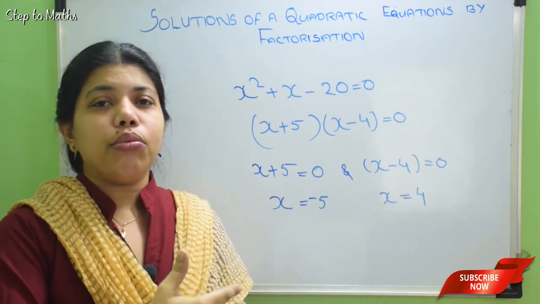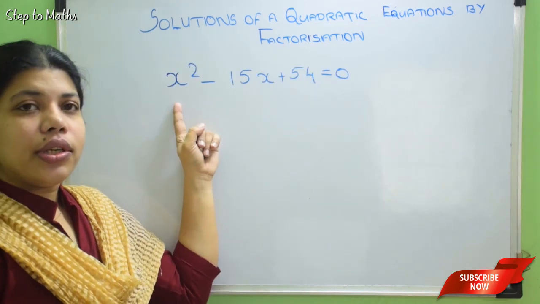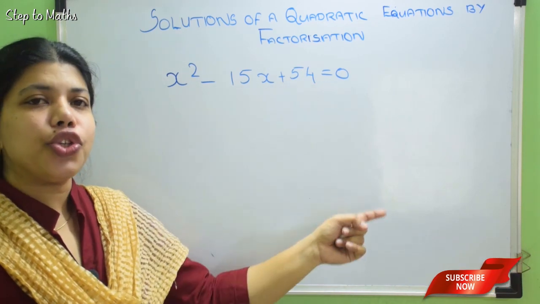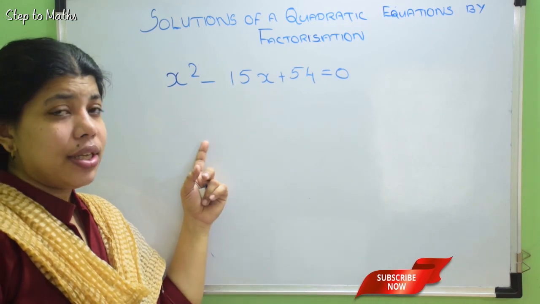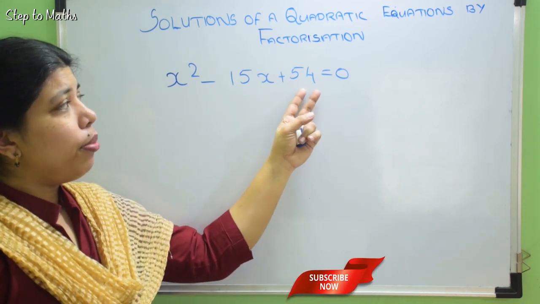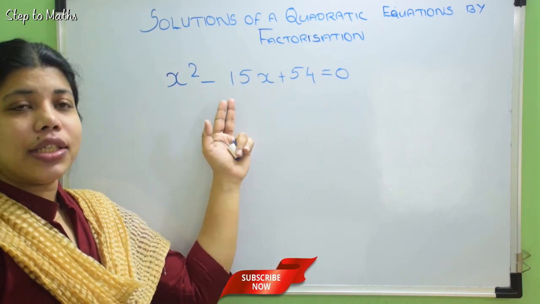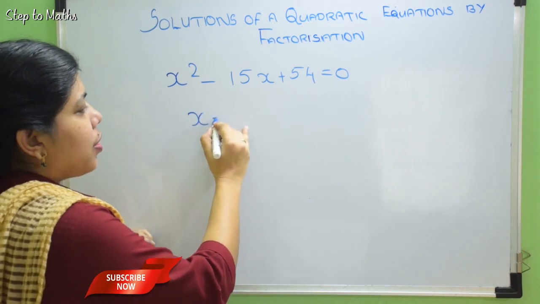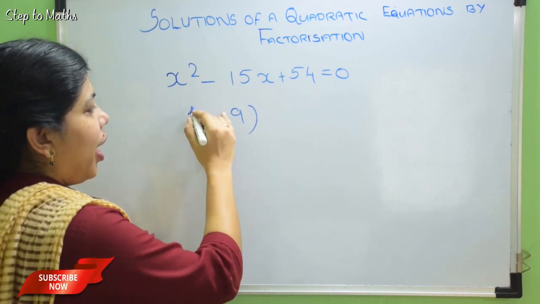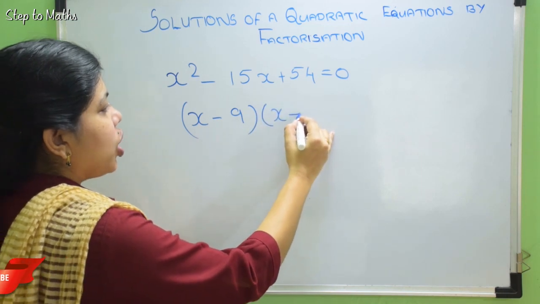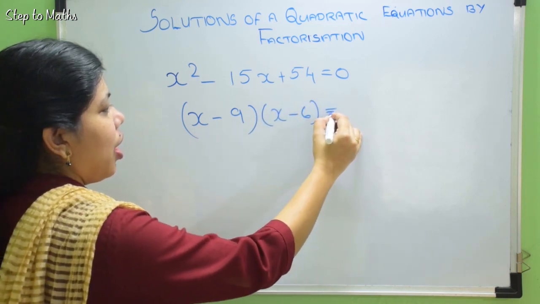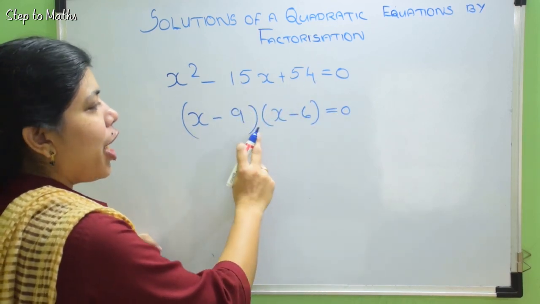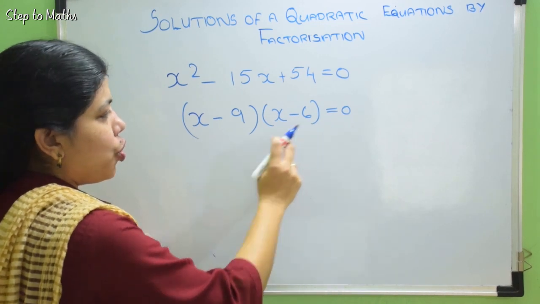Now we will go through some examples. Consider this question: x square minus 15x plus 54 equal to 0. How to factorize it? Find two numbers whose product is 54 and sum is minus 15. We factorize the given polynomial as (x minus 9) into (x minus 6) is equal to 0.